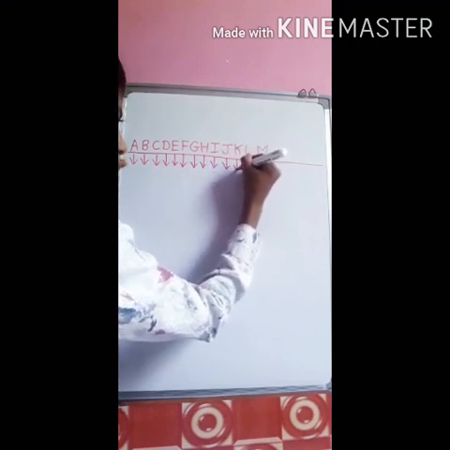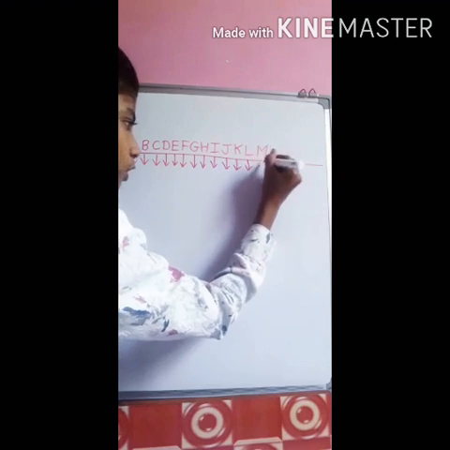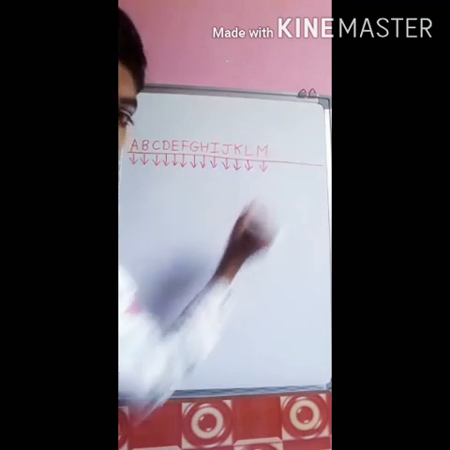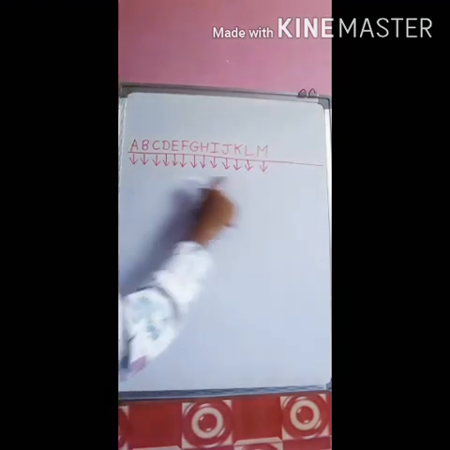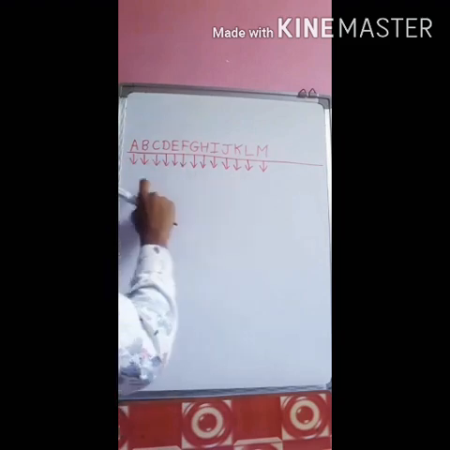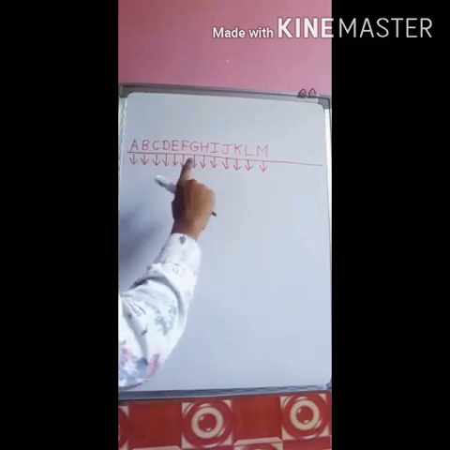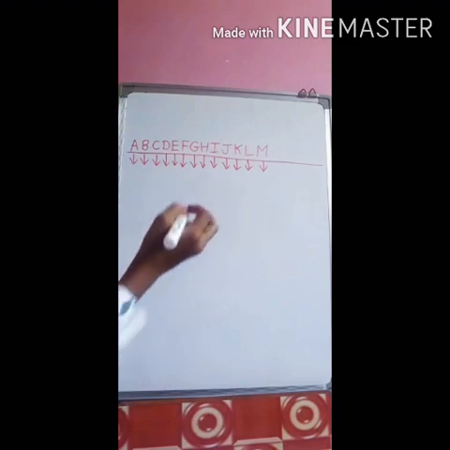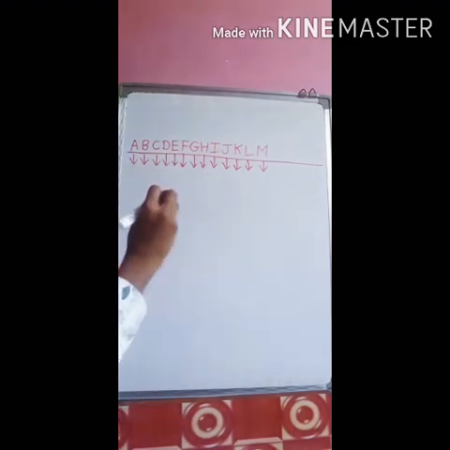It's not necessary to count all the arrows. Now friends, we have made arrows at the bottom. We have written A to M at the top, and below the arrows we will write the other letters. When I write, you will understand.